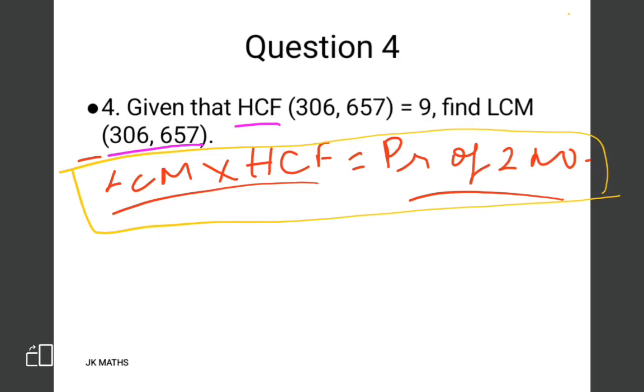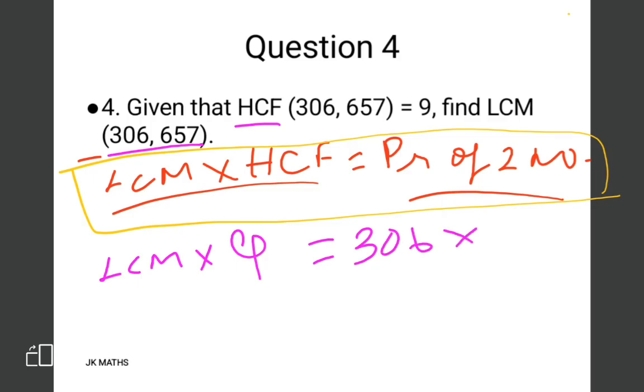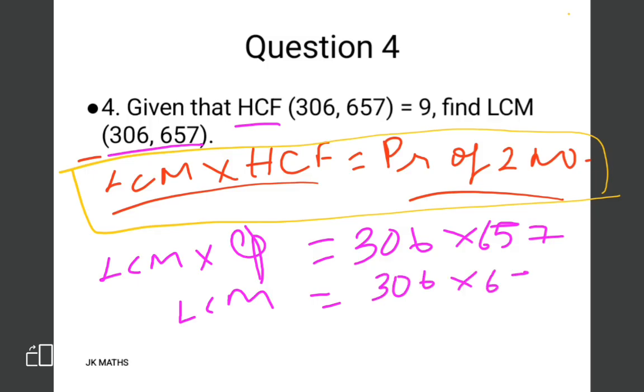Simple sum. LCM we don't know, so let's leave it as it is, into 9, which is the HCF, given. The product of two numbers: the two numbers are 306 and 657. That's it. So LCM is equal to, taking the 9 to that side, 306 into 657 divided by 9.